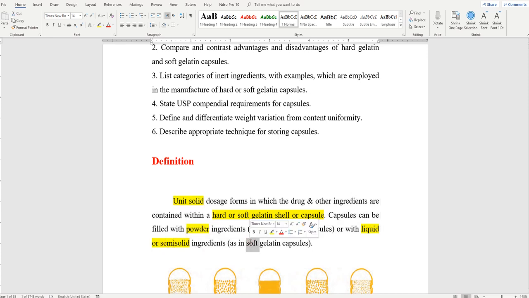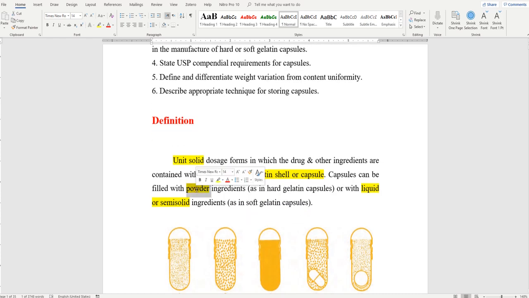Then here we can say the following. Commonly, the soft gelatin capsules will encapsulate liquid and semi-solid preparations. But what about the hard gelatin capsule? Normally or commonly, it will encapsulate powder ingredients or granulated ingredients.